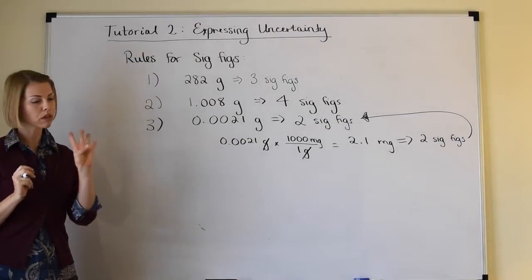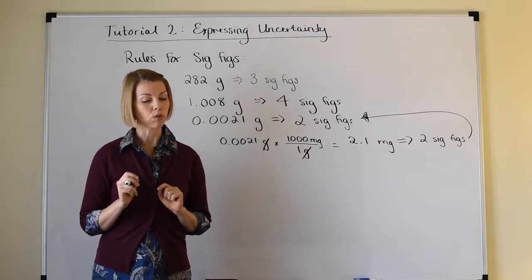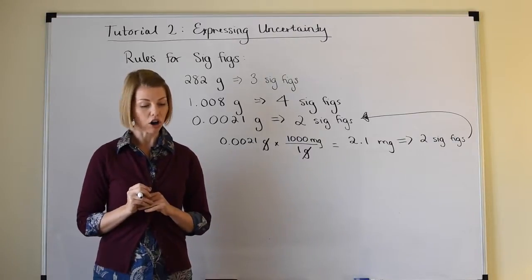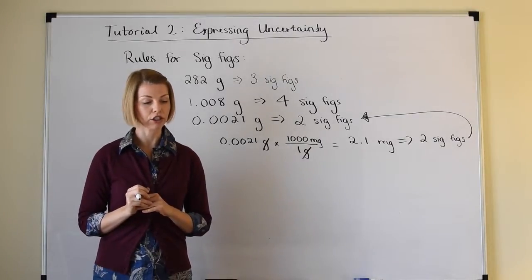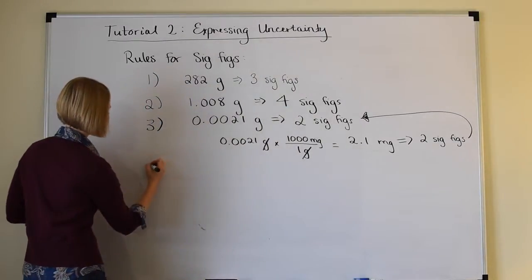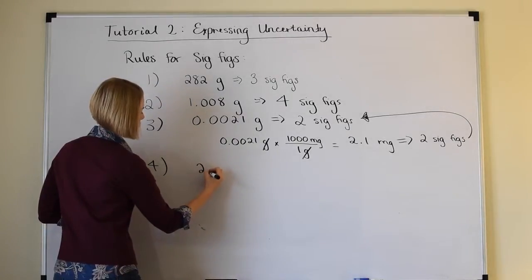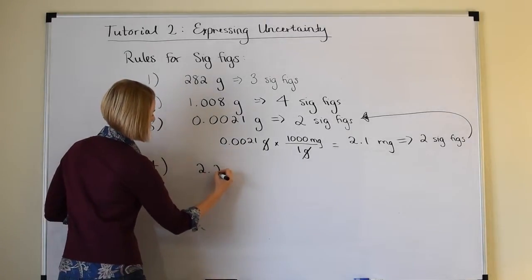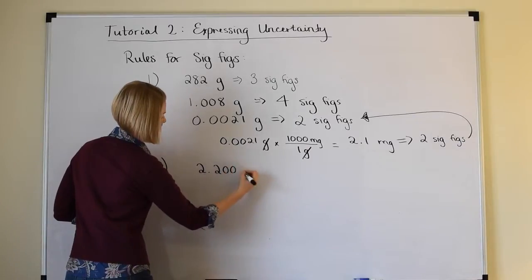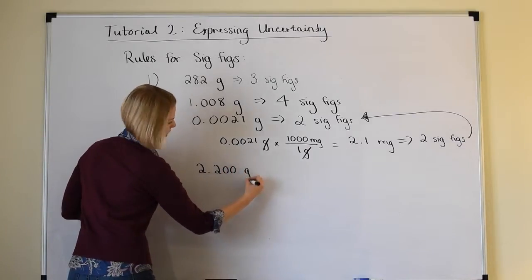All right, rule number 4. Zeros at the end of a number, but to the right of a decimal place, are significant. They are assumed to be measured numbers. Okay, so if we had a number like 2.200, let's make it grams again.